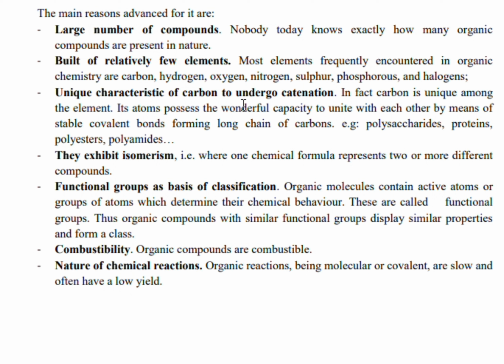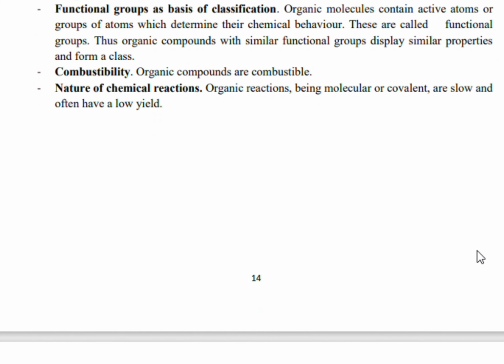We have seen catenation, which is the property of carbon to make a chain. Carbon atoms can make a long chain by using their catenation property. They exhibit different isomers and are classified on the basis of functional groups. We have seen that they are combustible, which means that we can burn them, and they undergo many types of chemical reactions.